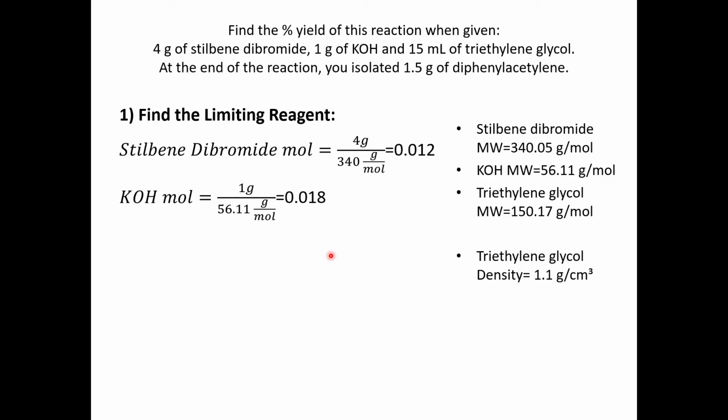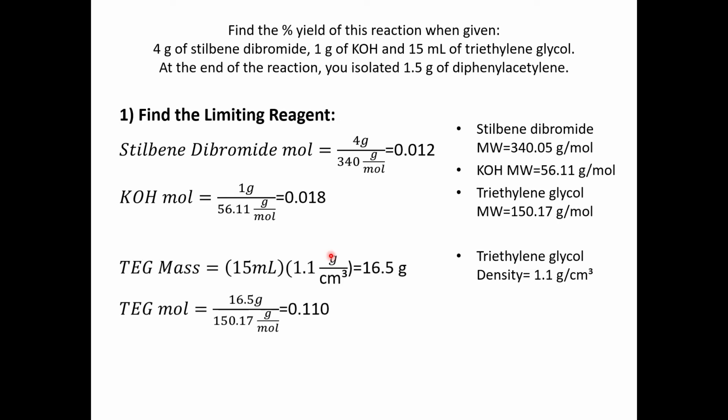When it comes to the triethylene glycol, because it's a liquid, we first have to convert it to its mass. This can easily be done by multiplying the volume of our liquid, so 15 mLs of triethylene glycol, times its density, 1.1, and that gives us 16.5 grams. Now that we have the mass, we do the same thing as in the previous steps.